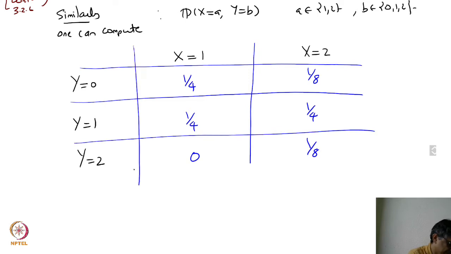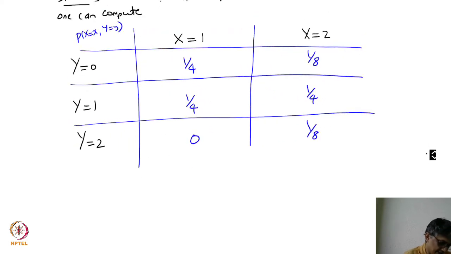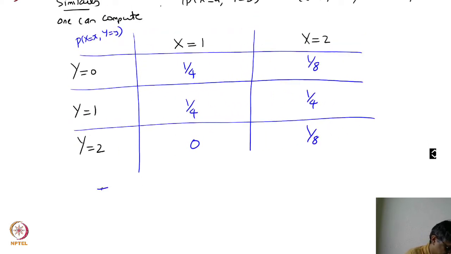This table is the probability x equal to a and y equal to b. Now this gives you a complete picture of the joint distribution. The joint distribution is specified by the above table.